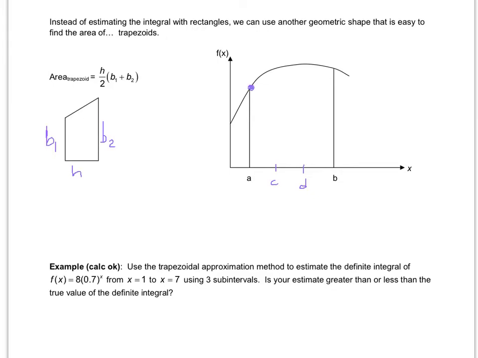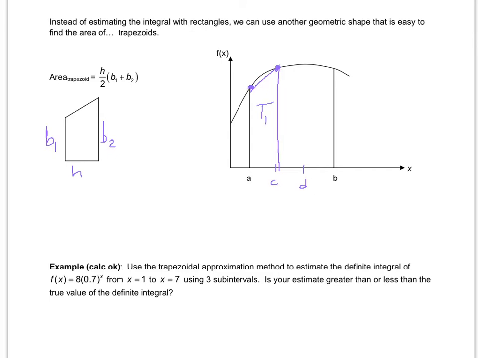At the right endpoint of the subinterval, you're going to use the function value, and that will create the 2 parallel sides of the trapezoid, and then you just connect those 2 points, and that would be the first trapezoid. So we'll call that guy, for this case, T1.